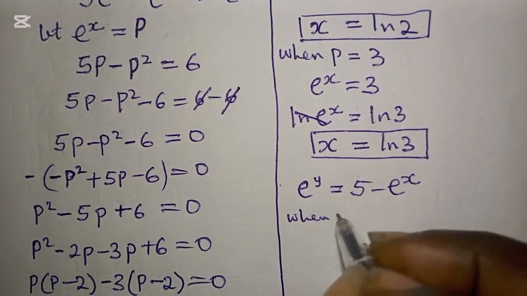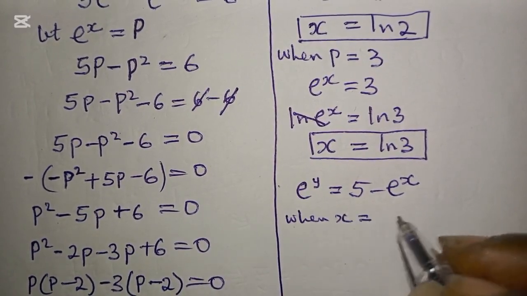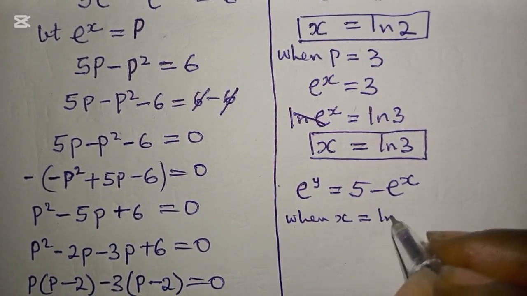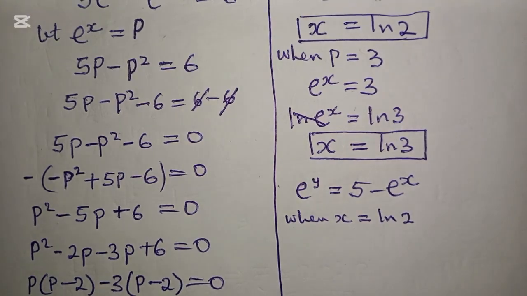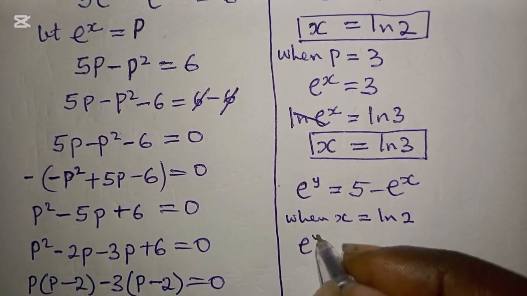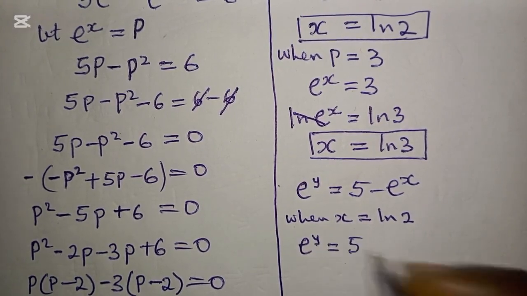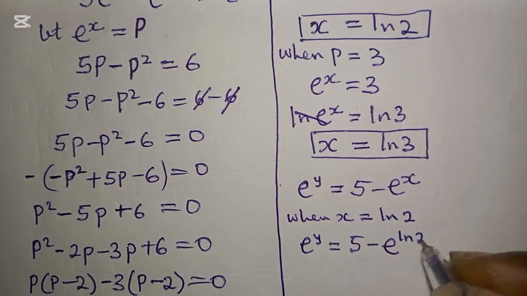So when x is equal to ln 2, we have e raised to the power of y is equal to 5 minus e raised to the power of ln 2.